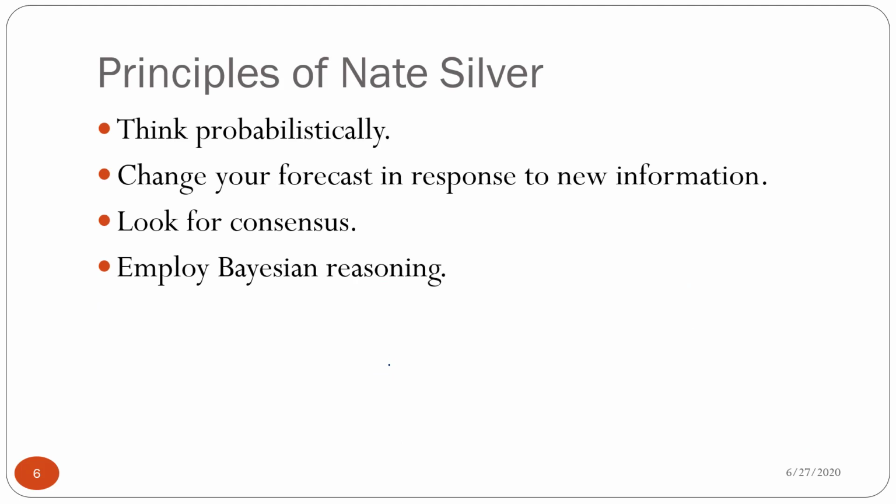Now to this principle of Nate Silver. As I was telling you, Nate Silver is one of the most successful modelers, or data scientists, you can say. He has been very successful in modeling. Initially he was working as a consultant, and then he moved into the modeling of baseball games.